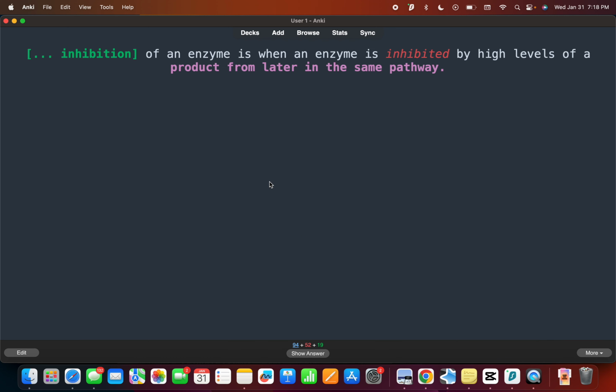What inhibition of an enzyme is when an enzyme is inhibited by high levels of a product from later in the same pathway? So if too much product is, this is like, we have positive feedbacks and negative feedbacks. This is like a negative feedback, but we're talking about enzymes here.